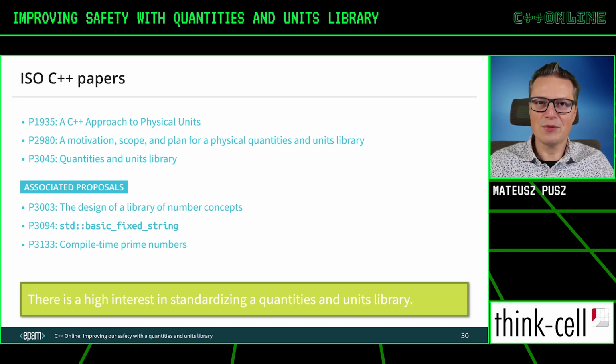Vocabulary types are the types that are used in the interfaces to talk between different vendors, right? Interfaces have to use standardized tools in order to be efficient, so different vendors can communicate with each other. So this is one of the major reasons why we believe it should be a part of the standard.